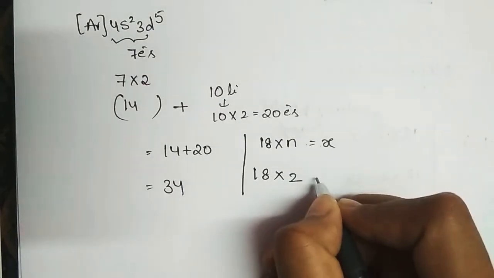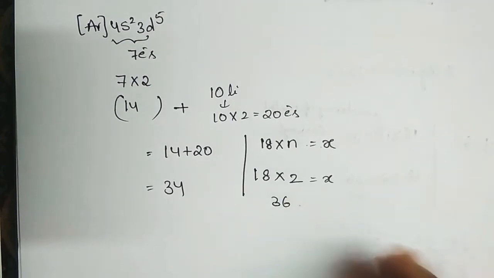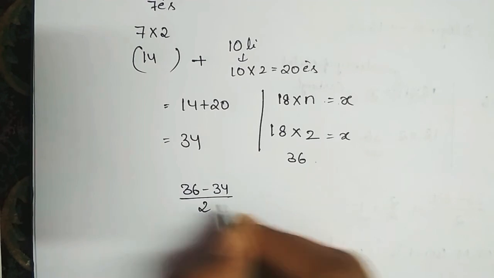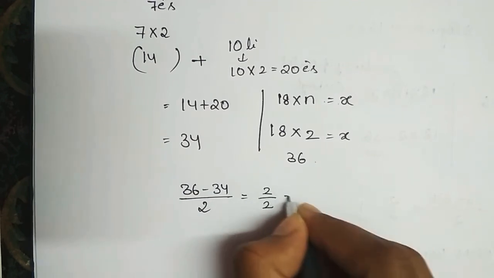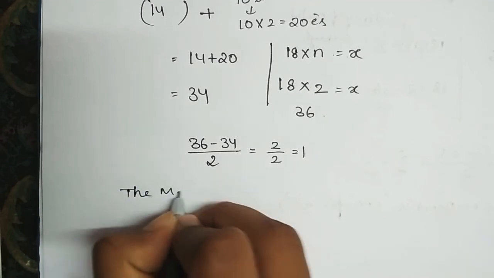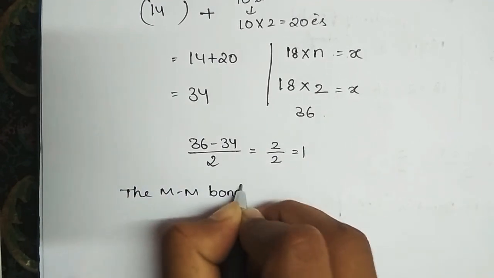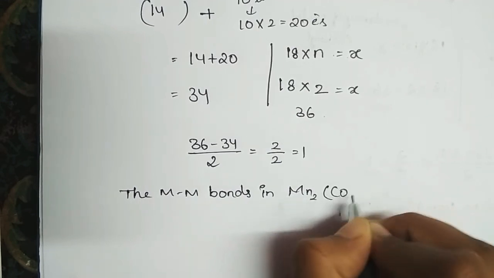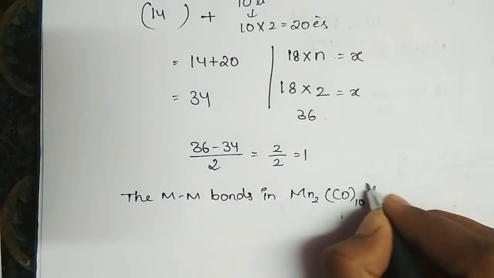So 18 into 2 is equal to x, 36. Here also we get 36 minus 34 divided by 2 is equal to 2 by 2, which is equal to 1. Here also the number of metal bonds in Mn2(CO)10 is 1.